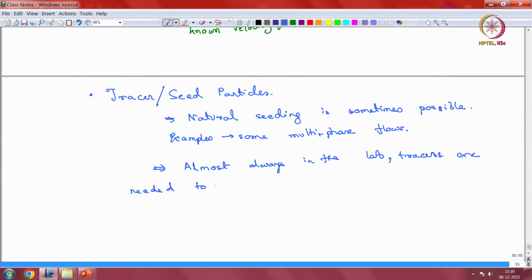to achieve sufficient image contrast, a signal.